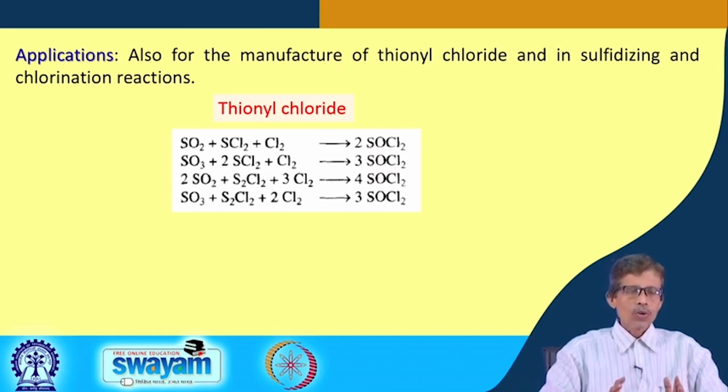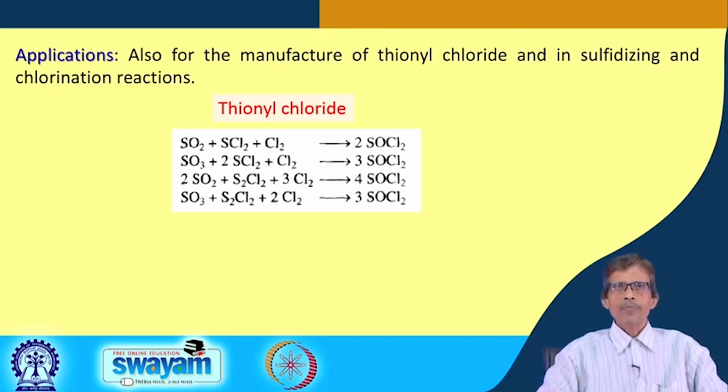There are many pathways or reactions which can ultimately lead to this particular sulfur oxychloride, which we can consider as thionyl chloride. One other version of this type of molecule we know is the sulfuryl chloride, which we will also see, which is SO2Cl2.